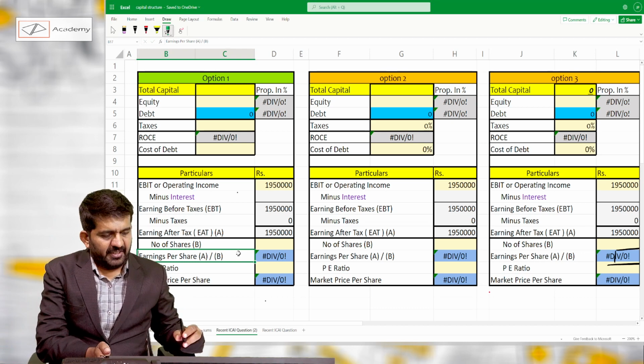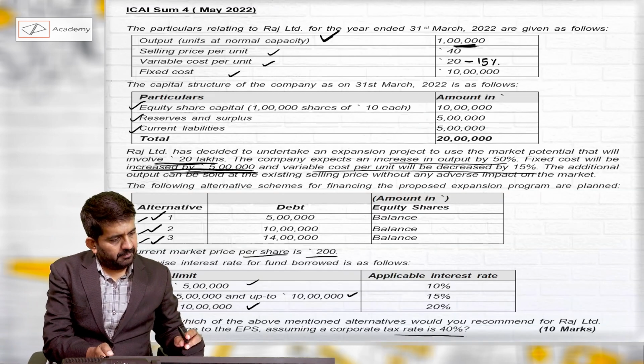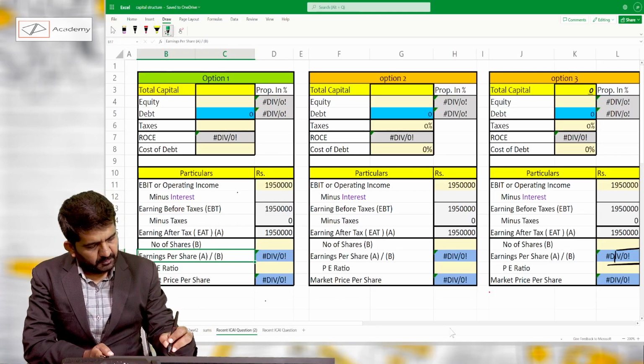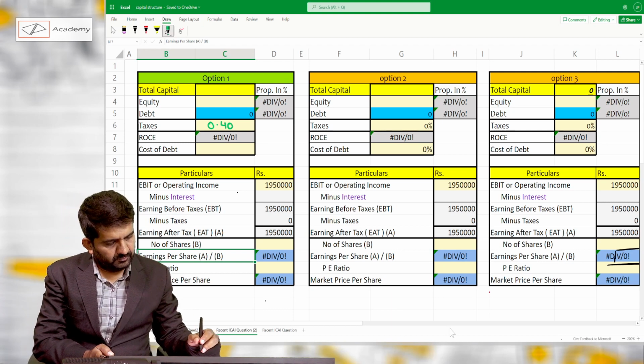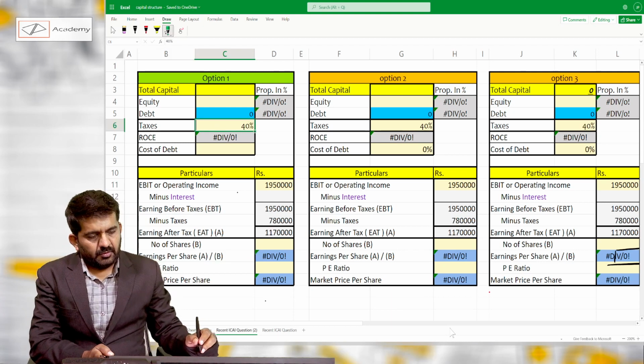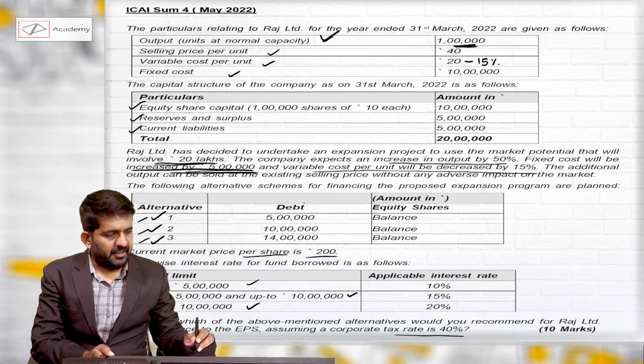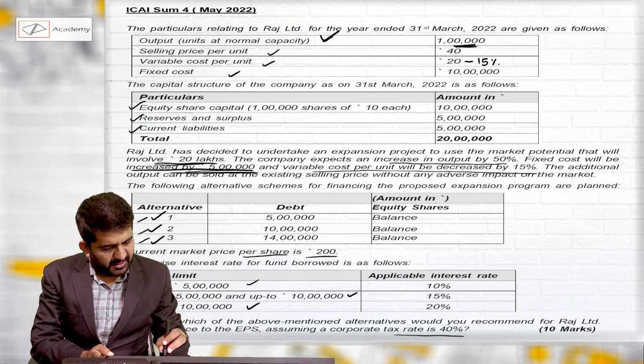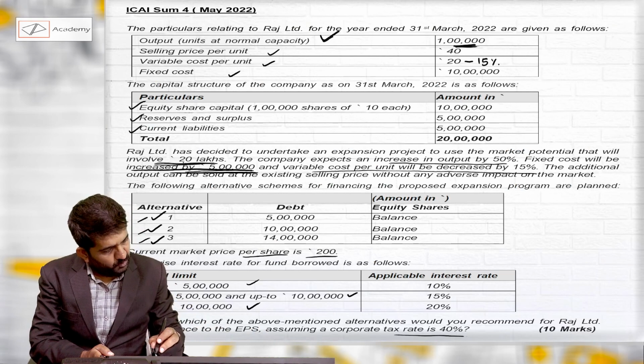I've got my EBIT. Let me put in some of the basic details like tax rate. Tax rate is 40%. Total capital previously was 20 lakhs. Additionally, we are raising 20 lakhs more.